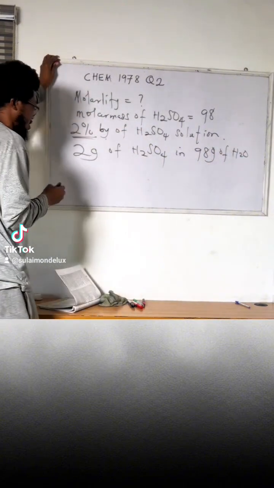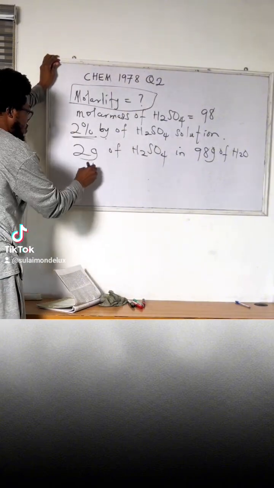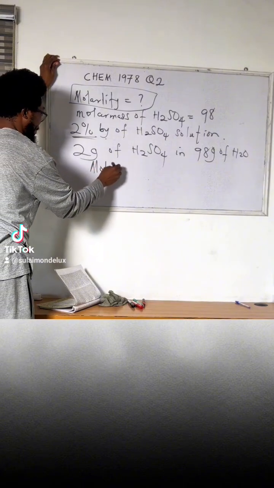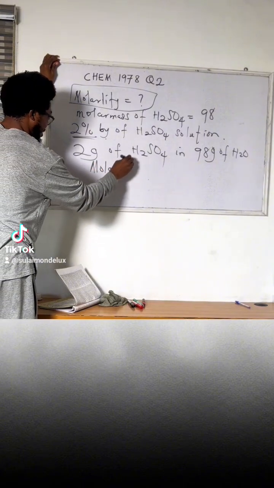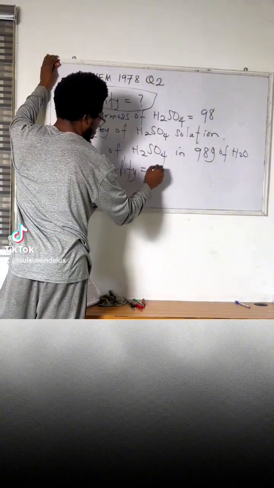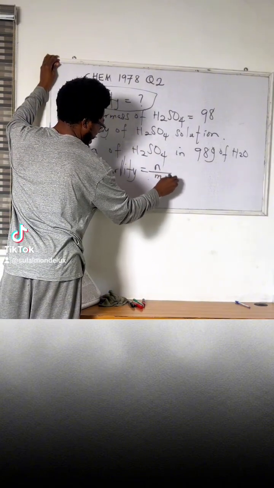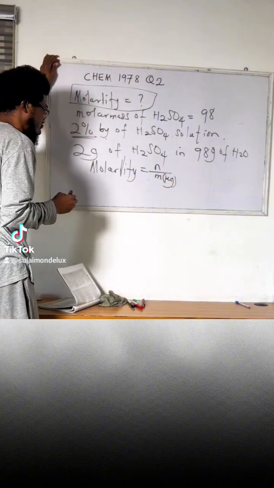That's the meaning of that. So whenever we are talking about molality, molality is always equal to the number of moles over the mass of the solvent in kilograms.